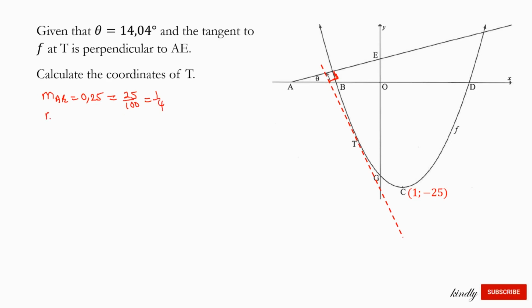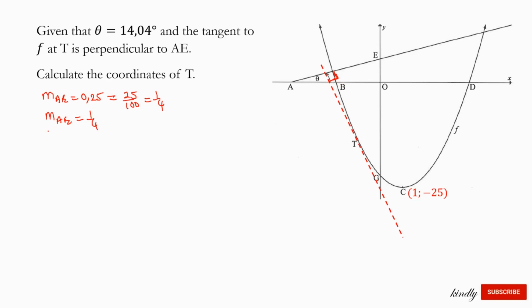Gradient of AE is equal to 1 over 4. So what is the gradient of the tangent? Remember, if the lines are perpendicular, then their gradients are negative reciprocals of each other, or if we multiply their gradients, we must get negative 1.